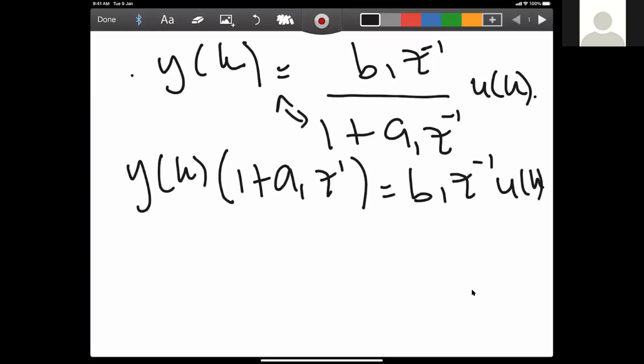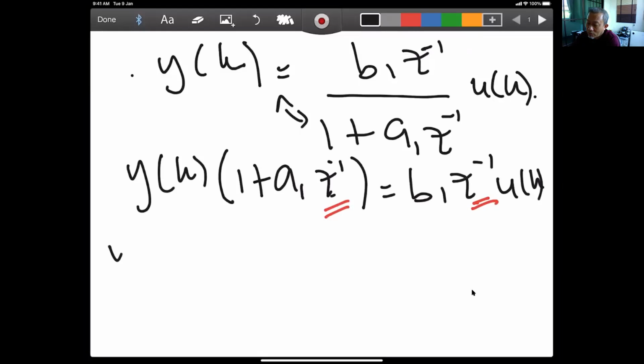Question: Prof, first I have to multiply with z to the power 1 before I cross multiply? Yeah. After you cross multiply, we want to remove this z minus 1. We want to make it disappear from the equation.